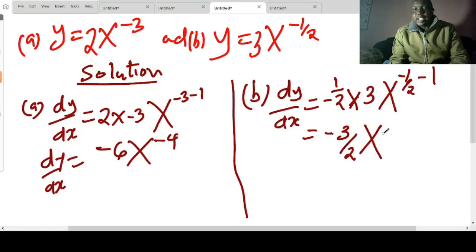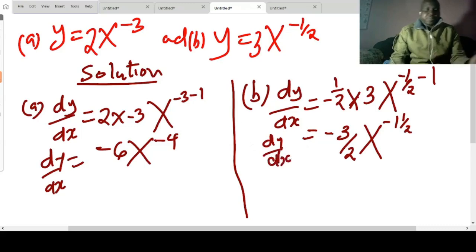And then x to the power negative 1 over 2 minus 1. The answer should be negative 1.5, so negative 1 and 1 over 2. As simple as that. And what we have here is the gradient function, dy over dx. We are moving very well.